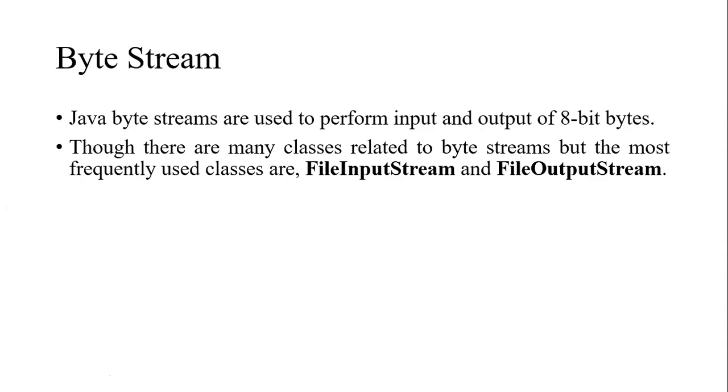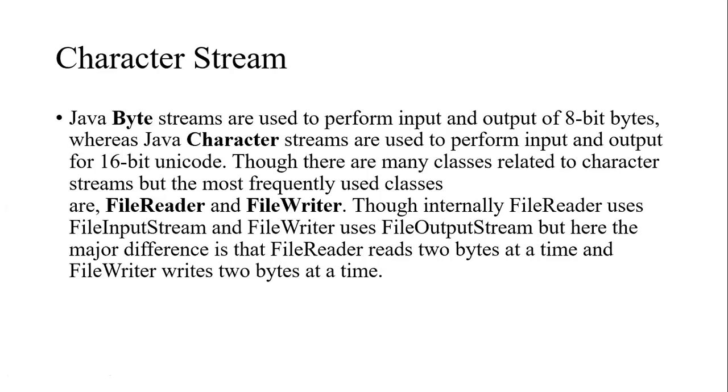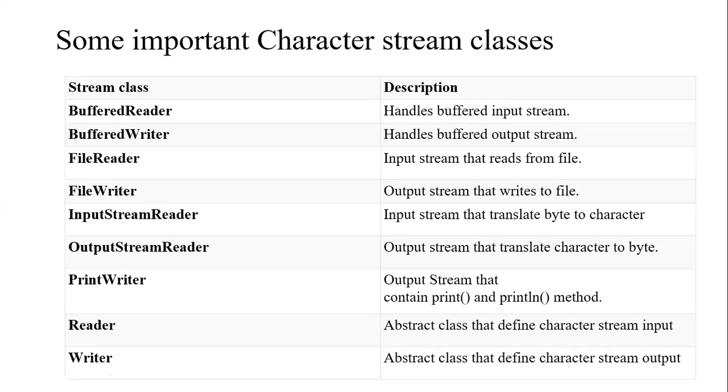If you are using bytes, then you use the classes file input stream and file output stream. If you are going with a character stream, then you will use a file reader and a file writer, right? The internal implementation will be different, but the working will be the same. If you just look at the output, the output will be the same. So these are the different classes available with respect to a character stream.